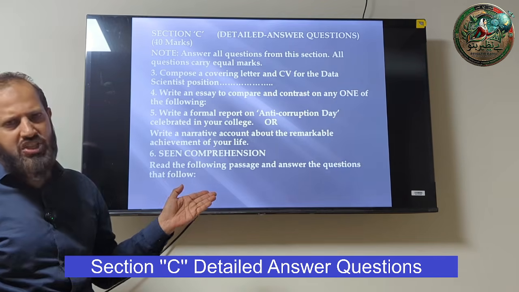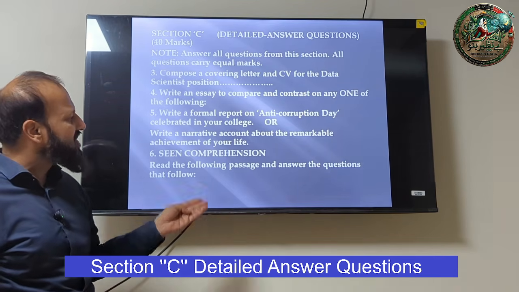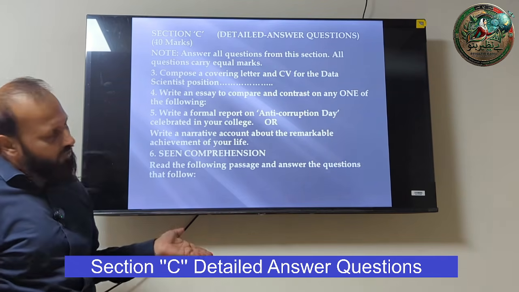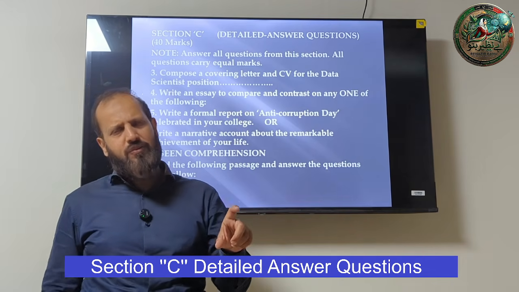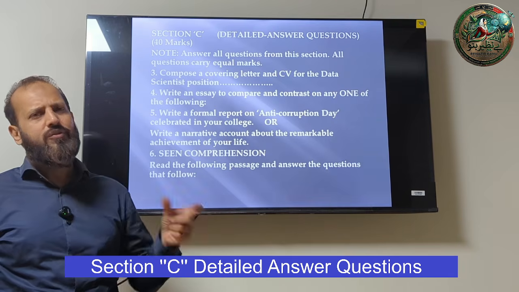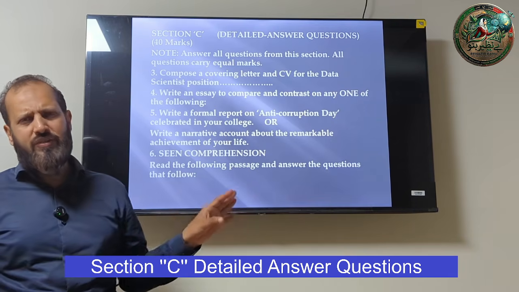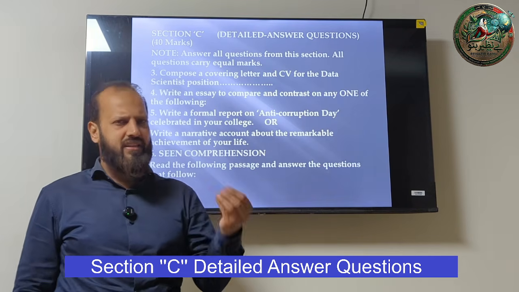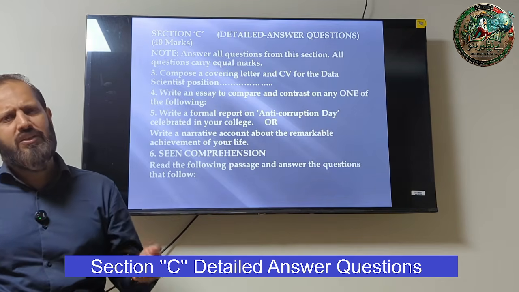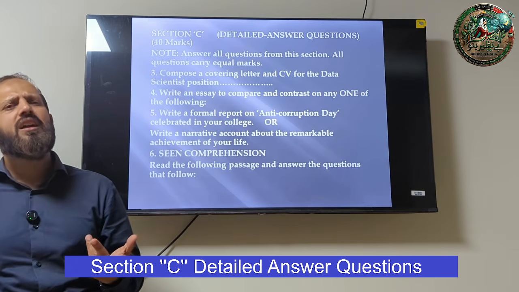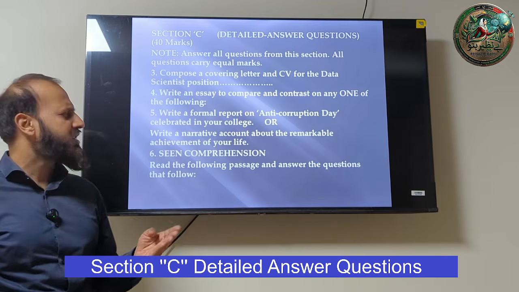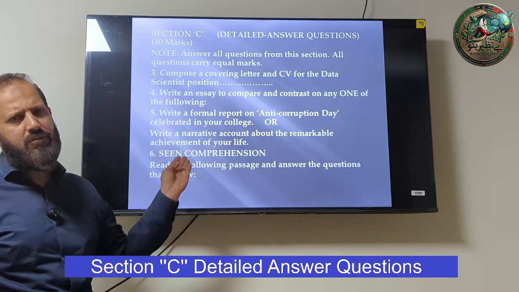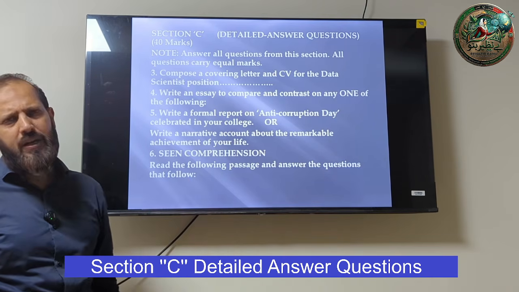Comprehension means understanding. Read the following passage and answer the questions that follow. You are given a passage from your textbook, and you would follow the questions, and most of the questions you would get from your passage, and there are meanings and synonyms as well, antonyms, and grammatical questions as well, and 3 or 4 questions that would be connected to your passage.